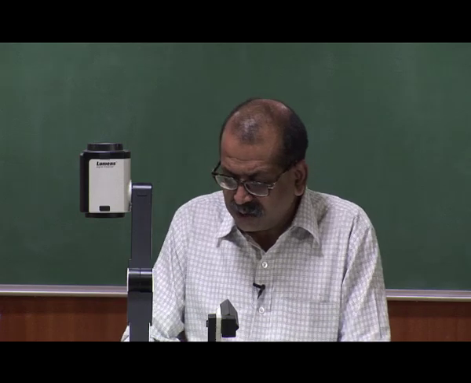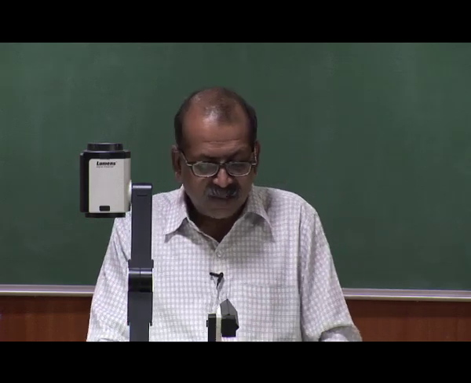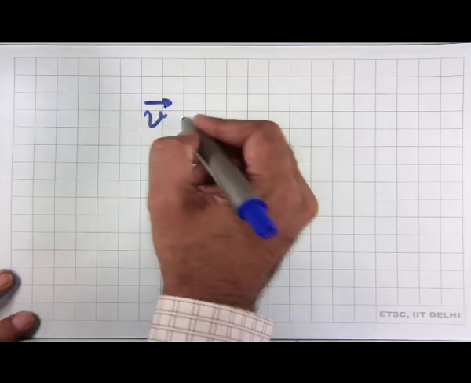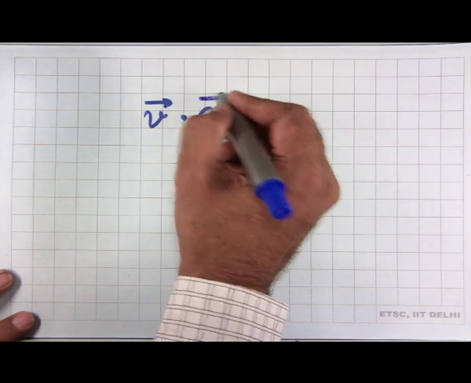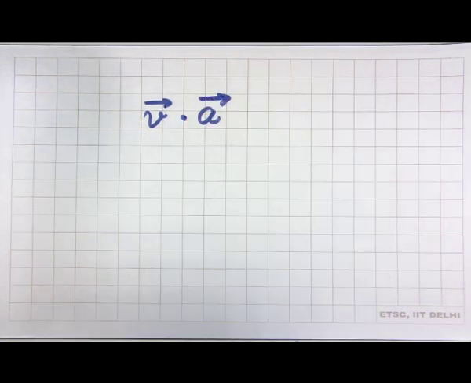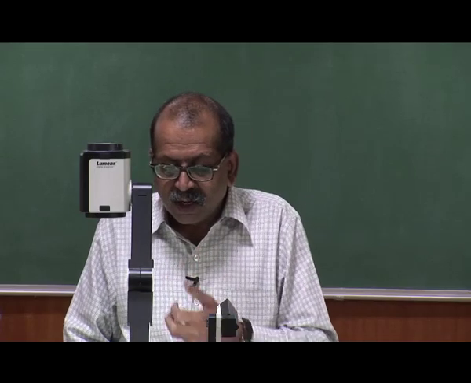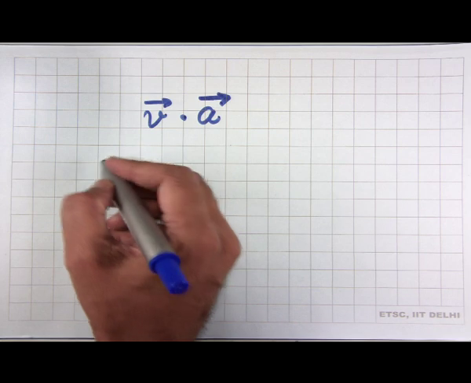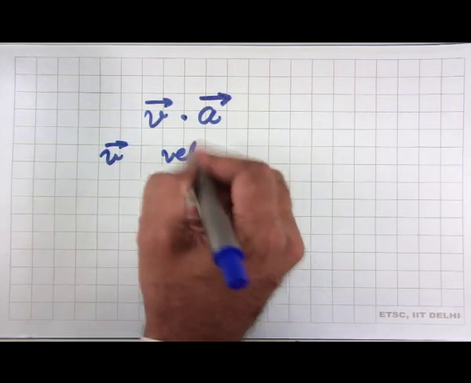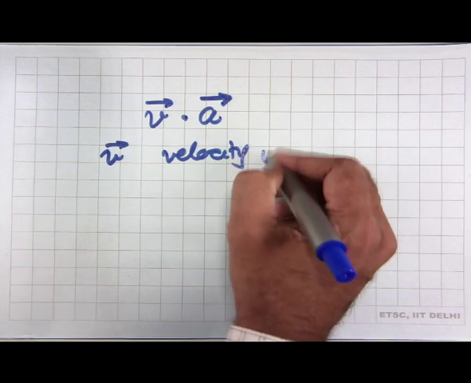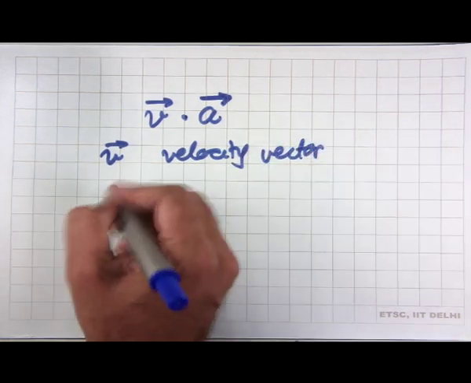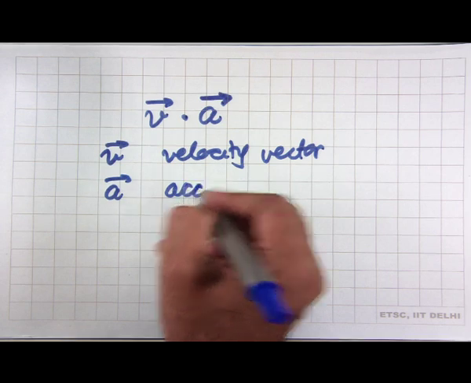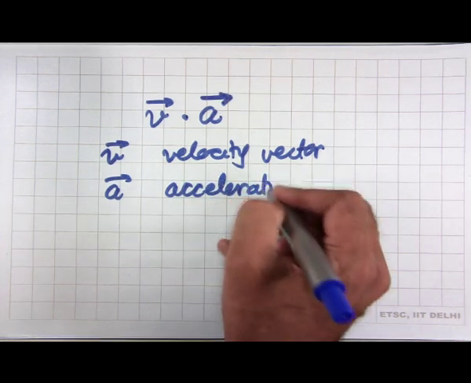Now, let us look at another aspect of kinematics, and let us look at this quantity V dot A, and see if we can get something from this scalar. V is the velocity vector and A is the acceleration vector.